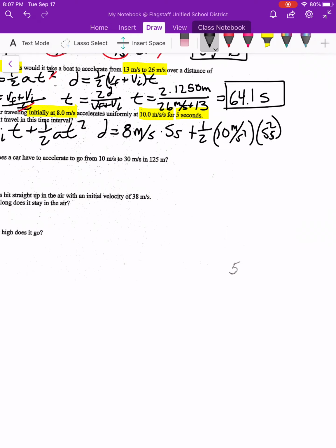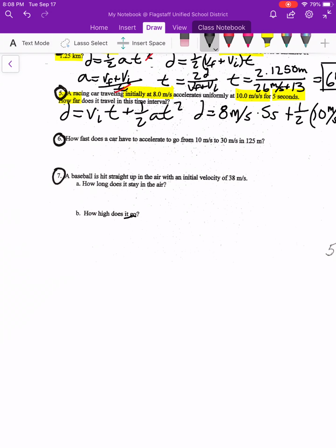Okay, hopefully that makes sense. 5 seconds squared. Do not forget to square that. Let's do it on our calculator. 5 squared is 25 times 10, 250 divided by 2 is 125, plus 5 times 8, which is 40. So we should get the distance is equal to 165 meters. We'll box that. Let's double check that. Looks good.